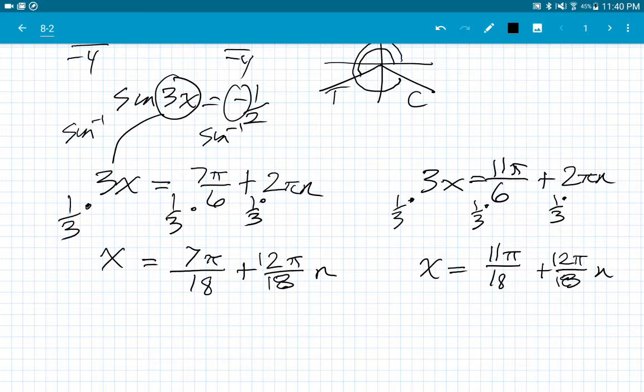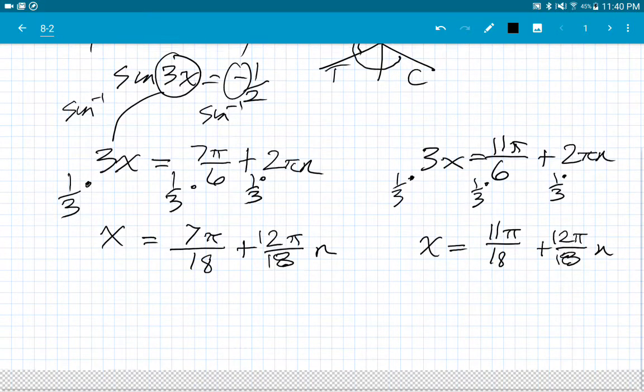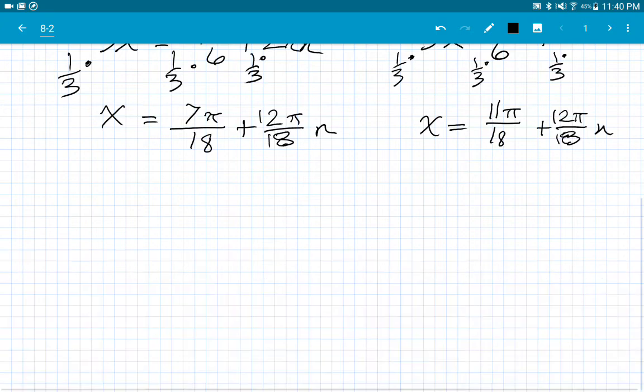Alright, well now why did we do this? Why do we have the 2 pi n? Why are we adding this on both sides? Well, let's go ahead and find out what our solutions are. In our unit circle, we said that if you have 7 pi over 18, we have to add on the 12 pi over 18 n number of times.